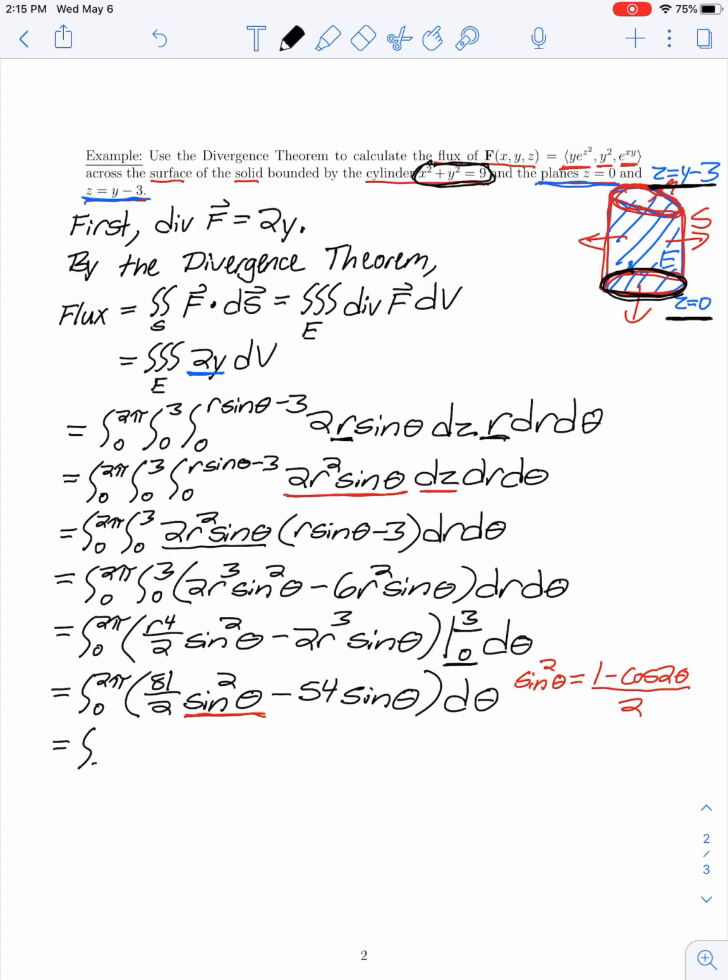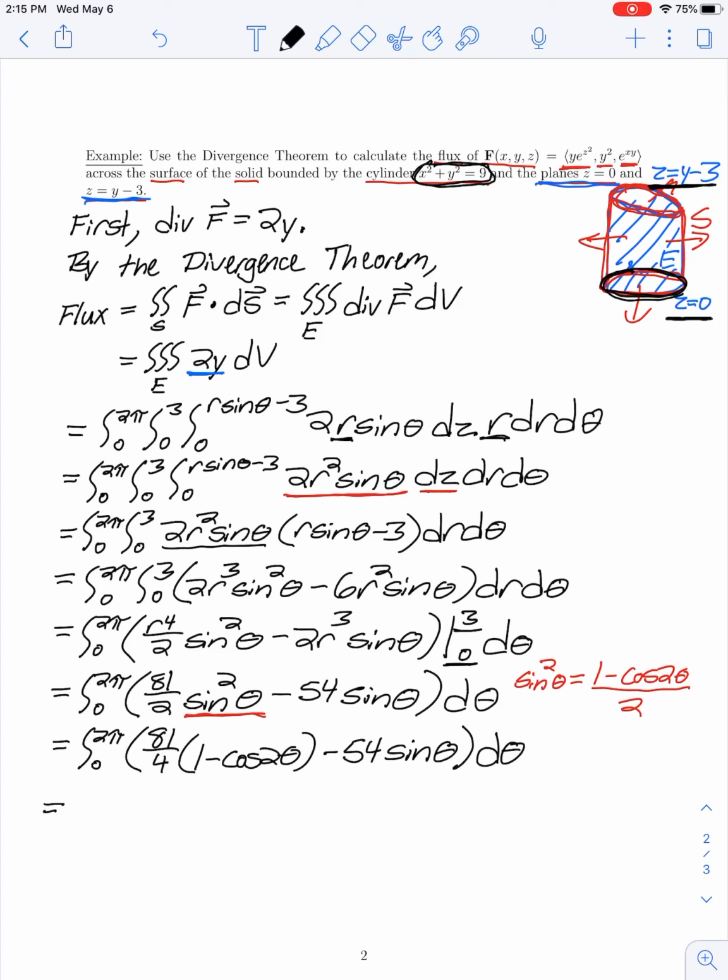So this becomes the integral from 0 to 2 pi of our 81 halves times half of this quantity, which gives us 81 over 4 times 1 minus cosine of 2 theta, minus our 54 sine theta d theta.